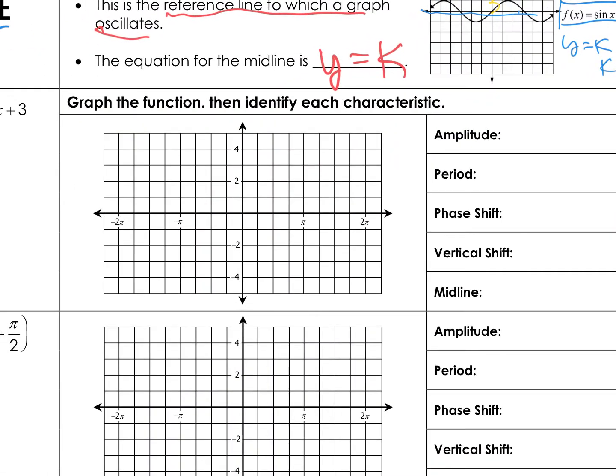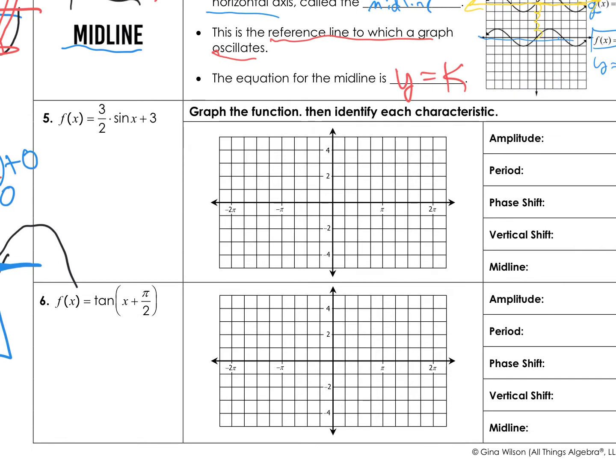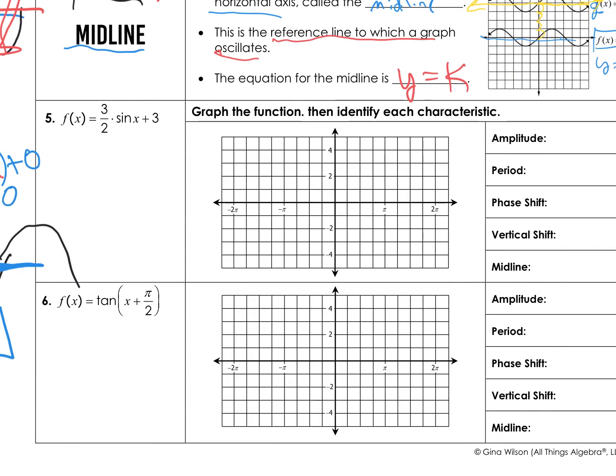Okay. We're going to be doing some new vocabulary. We've talked about amplitude. We already know that amplitude was how high and how low the function is going. Okay. We know that from the midline, we go up a units, and down a units.